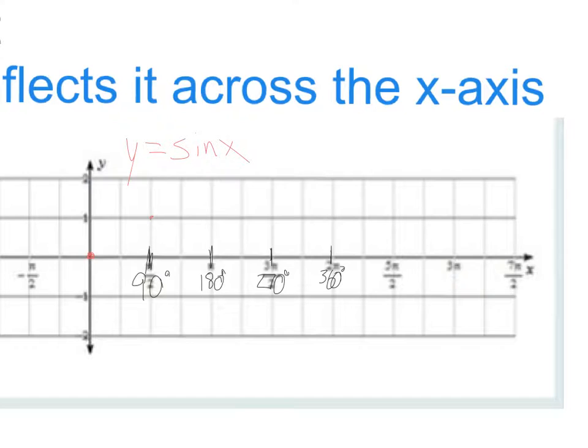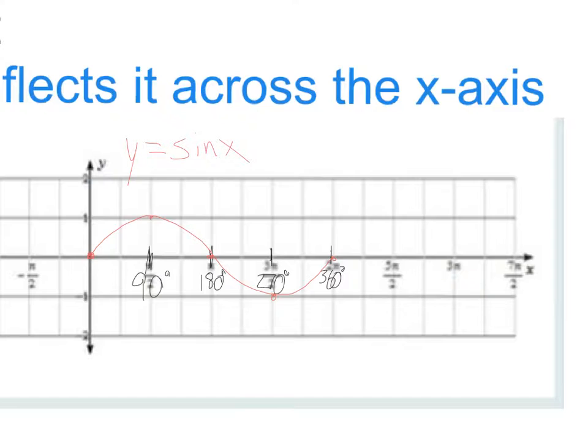Remember, sine never goes above 1. So it's back down to 0 at 180. And then it goes down. At 270, we're down at -1. And at 360, we are at 0 again. We've completed one full period of the sine curve in that 360 degrees.